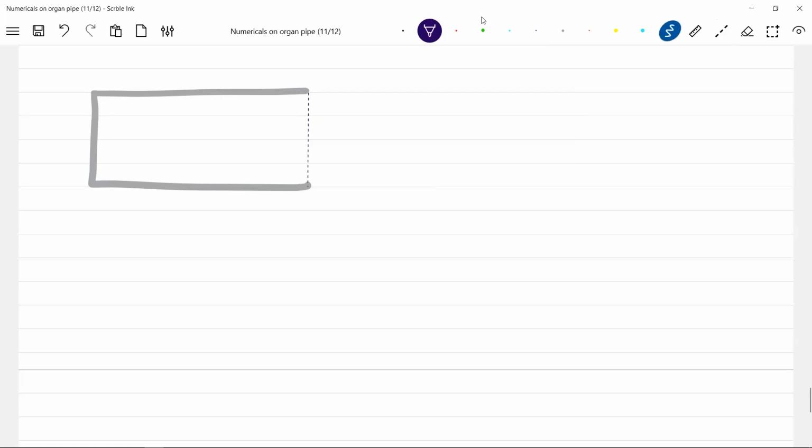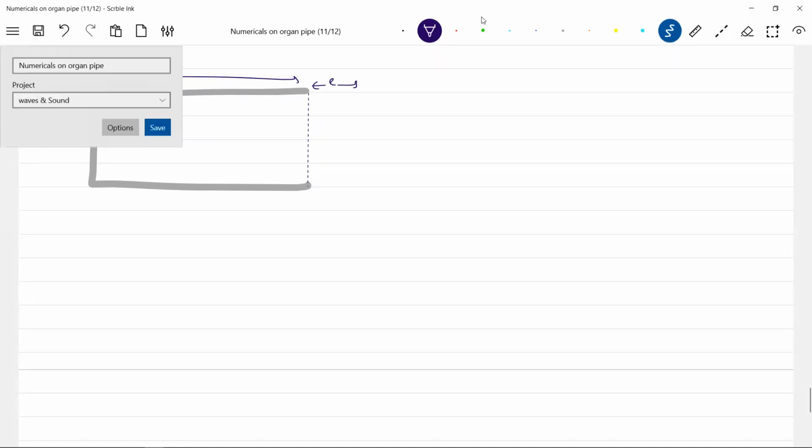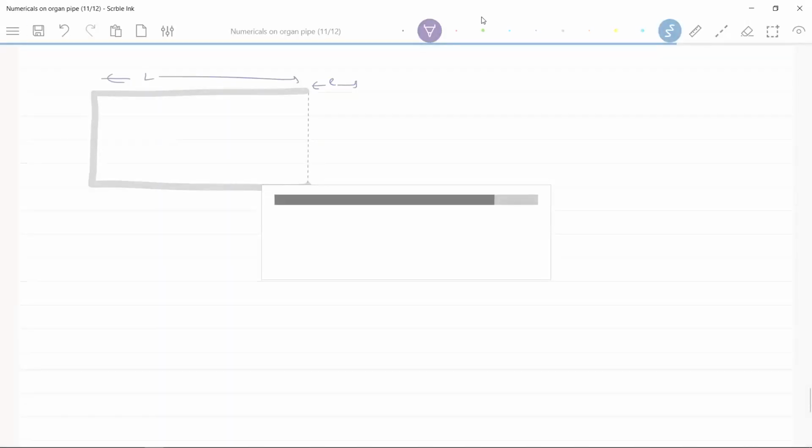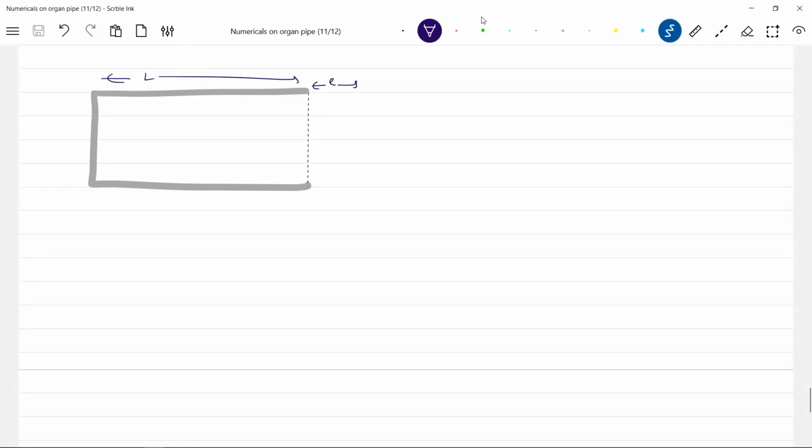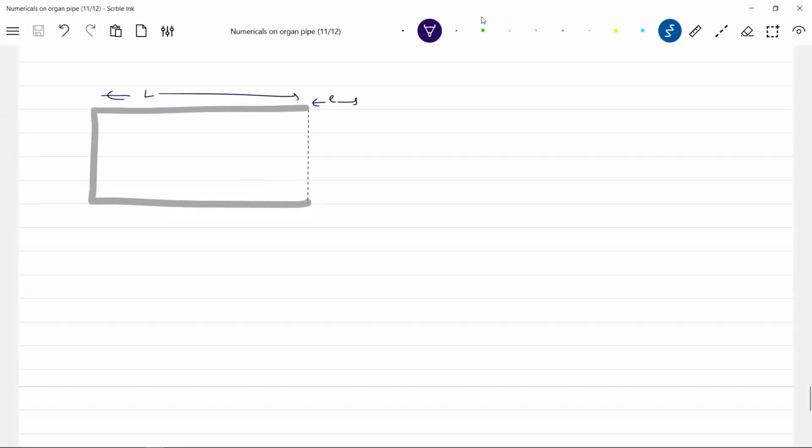This one, and the end correction is what? E. And let the displacement amplitude of the wave which will set up be A. So what is A?